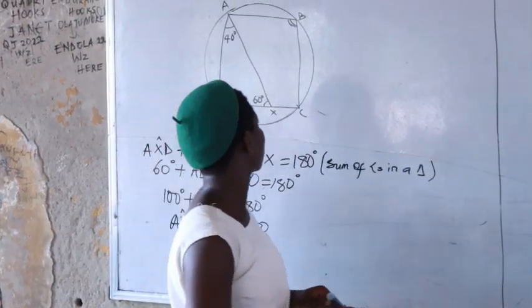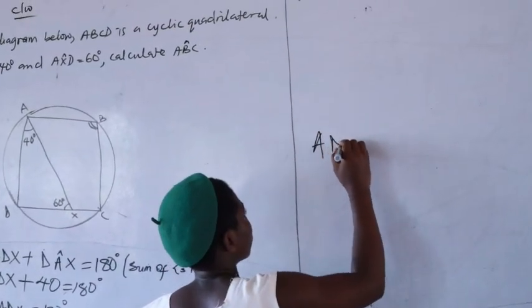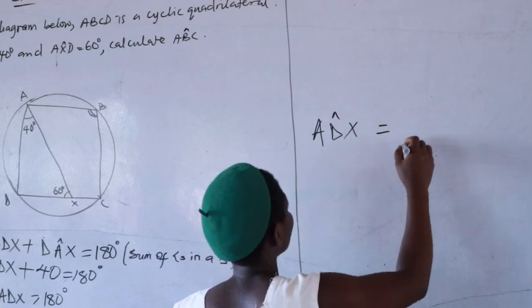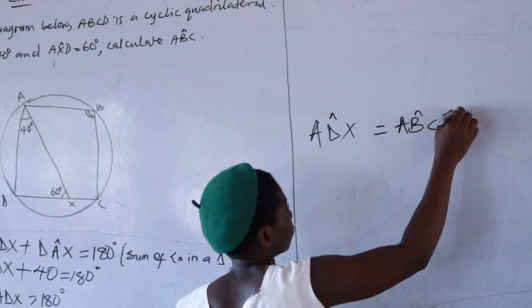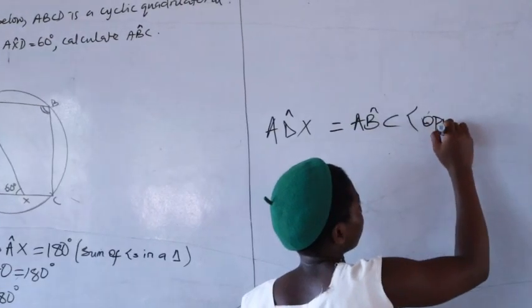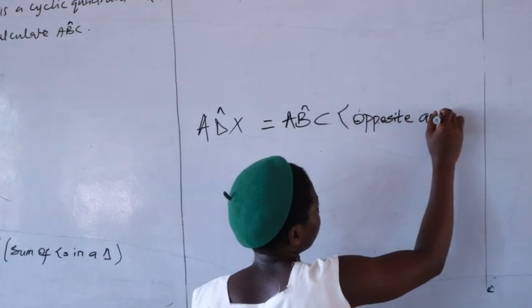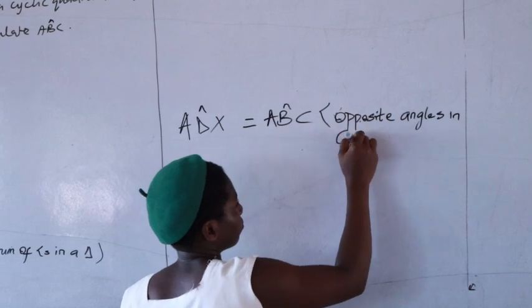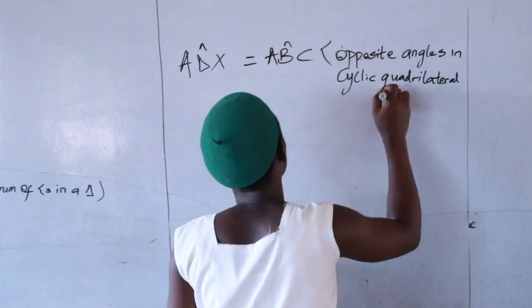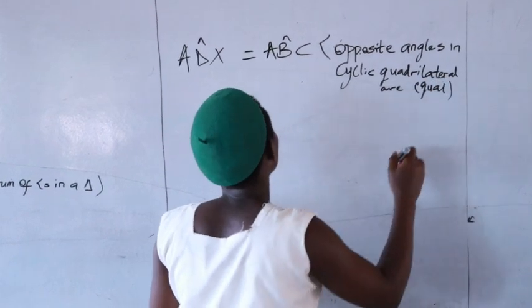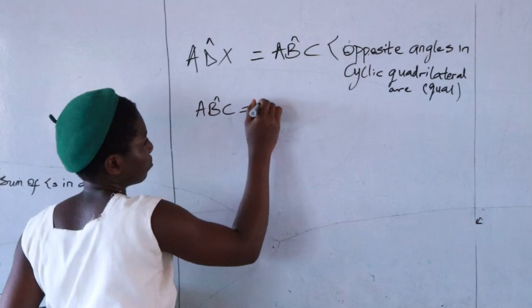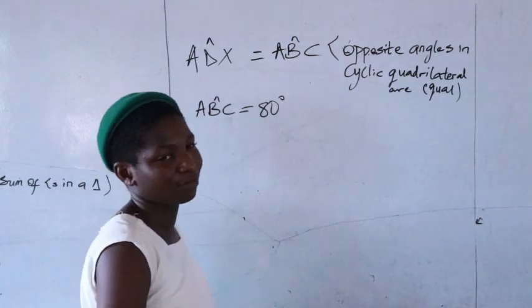Okay, ADS is 80. Now, is this the final answer?